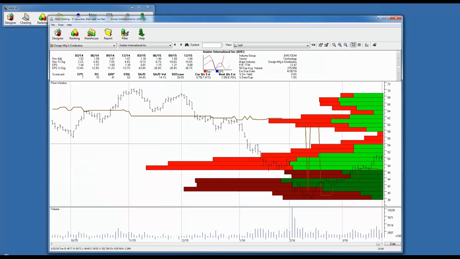So when you draw the volume point of control as a graph line, every day on the chart there's 90 periods backwards, and that 90 period box has its own volume point of control. And in graph line mode, this is the volume point of control as it changes every single day.